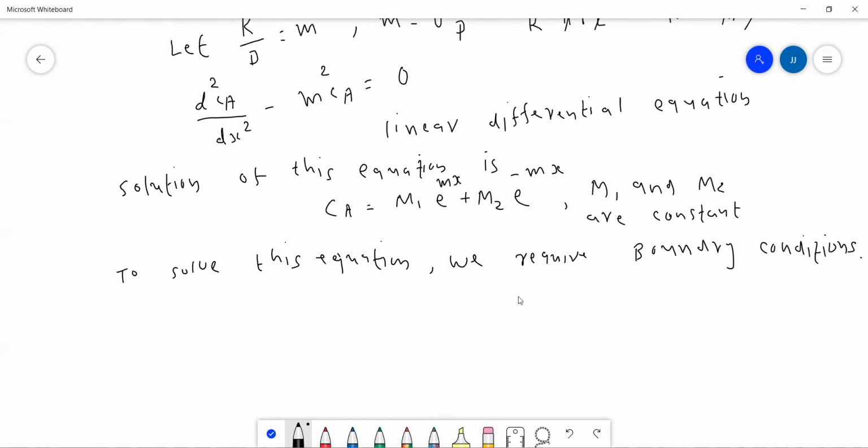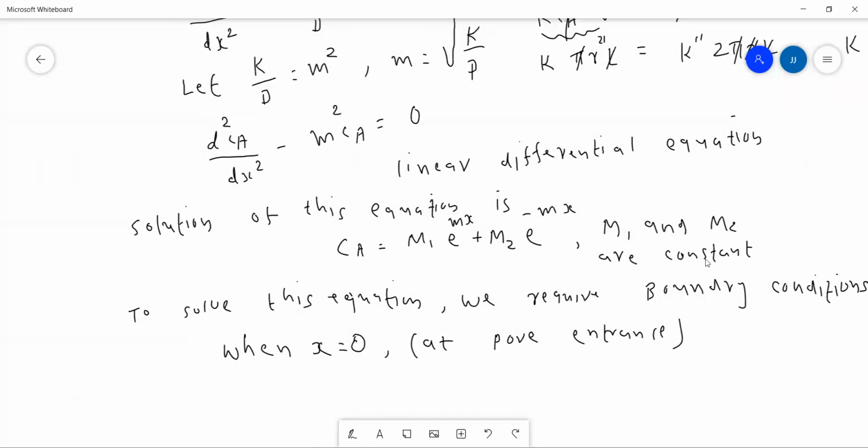Which are the boundary conditions? The first boundary condition is when x is equal to 0, because x is the variable length. That is, we can also write it at the entrance. Now let's see where x is equal to 0.